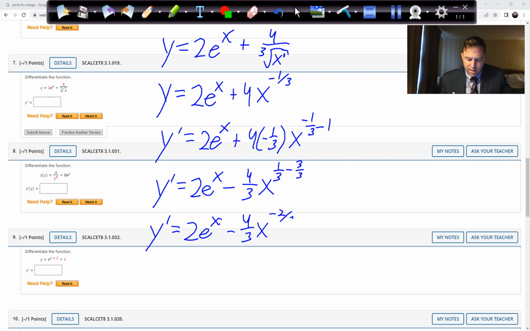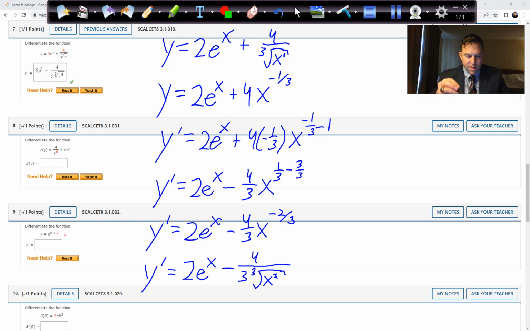And that's going to be minus 2/3 when you subtract 3/3 from 1/3. In the last step, let's write it exactly how it should be. It's minus 4 over 3 times the cube root of x squared. Okay, so that's getting this negative power by writing the x in the denominator, and then the 2 stays with the x and the 3 goes outside the radical. So this should be the derivative.